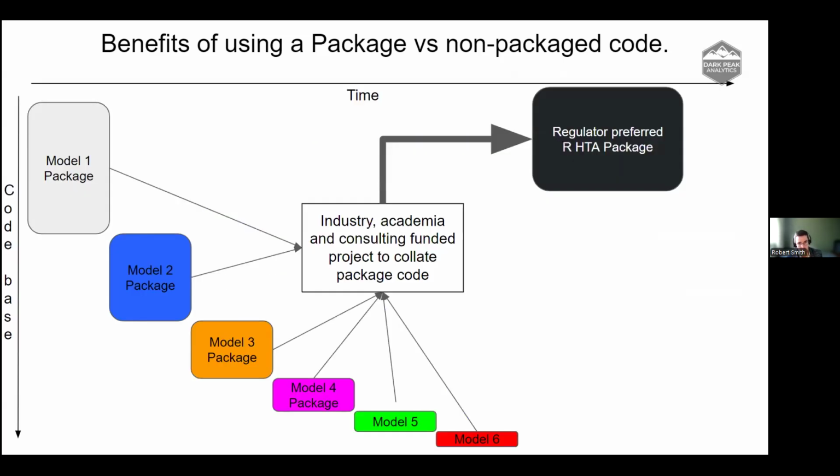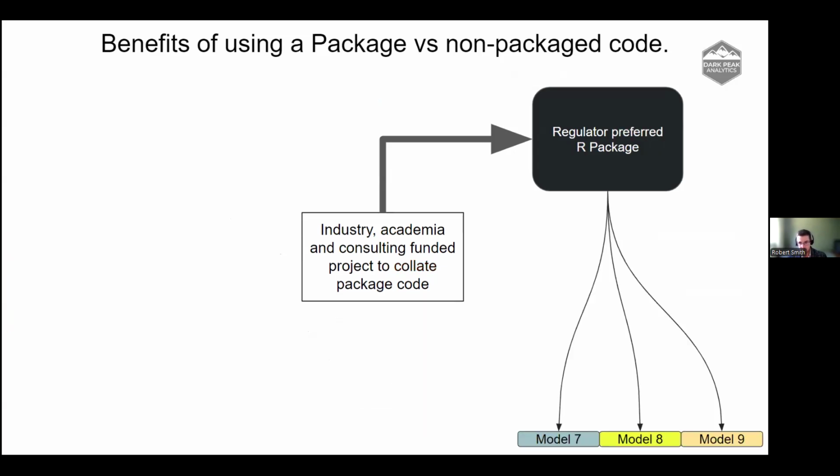And so what I'm calling for is an industry, academia, and consulting collaboration to take from these different models the useful functions, so that we're not all reinventing the wheel and writing our own function to, for example, discount or calculate expected life years or whatever, and then have a regulator say, we prefer that you use this package because it makes it easier for us to review it. Because if you're using the discount function from this package, we can trust that that's correct because we've reviewed that on previous models.